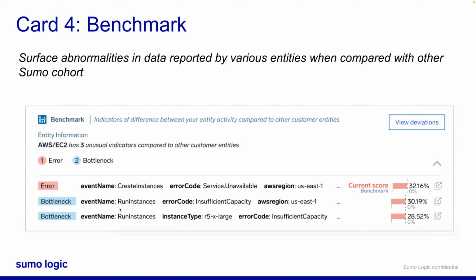So not just looking at your past data to make inferences about the anomalies, but across a cohort of customers. In this example, you can see that the service unavailable error is happening 32 times more often than for other Sumo customers, right? So maybe you need to look into why this service is unavailable more than what other customers are experiencing.